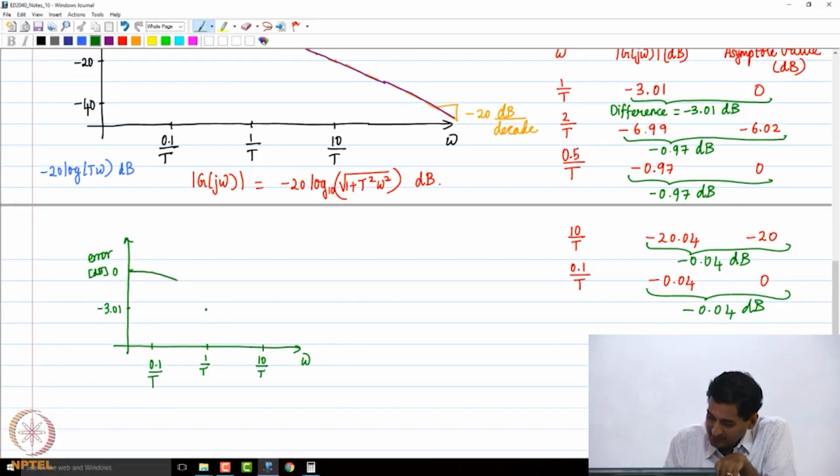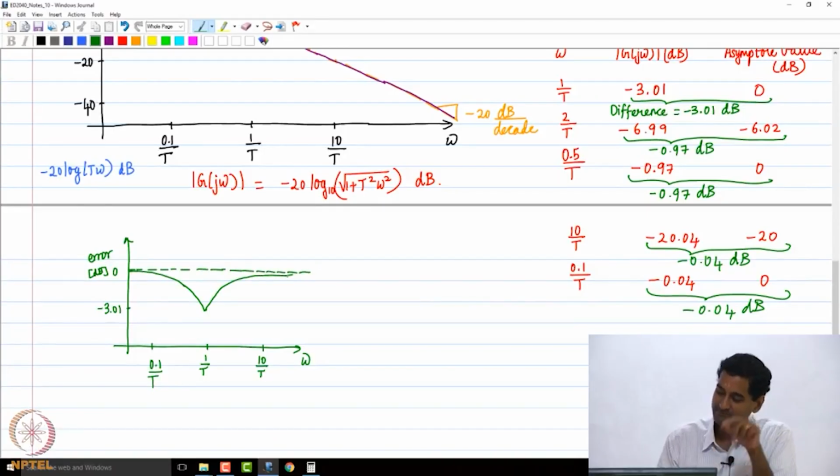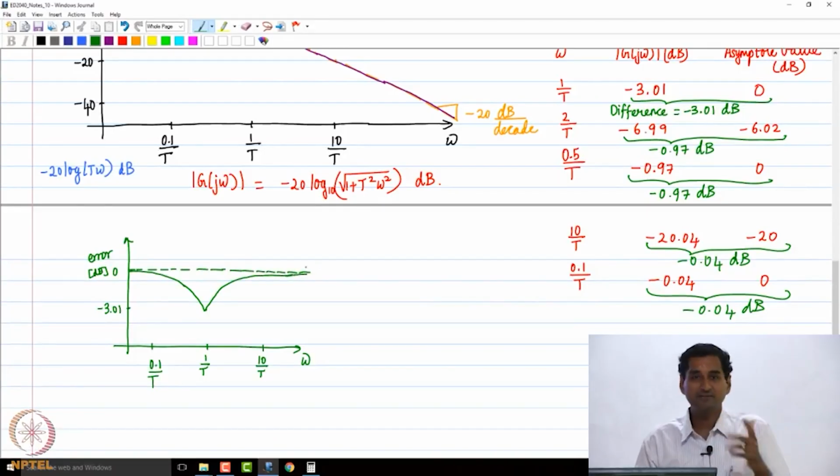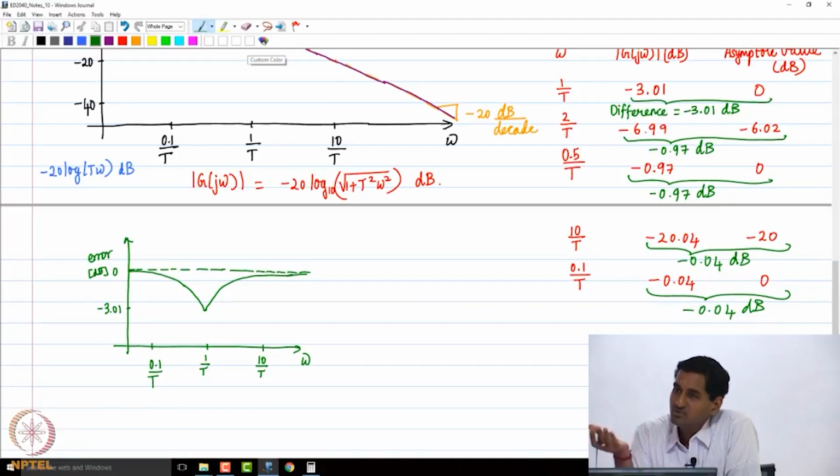Beyond that, you are going to have on either side a decreasing error profile, which will asymptotically tend to 0. That's what you are going to have as far as the difference is concerned. So yes, drawing the asymptotes is only an approximation, but a reasonable approximation. So you are going to get a maximum error of 3 decibels in magnitude.